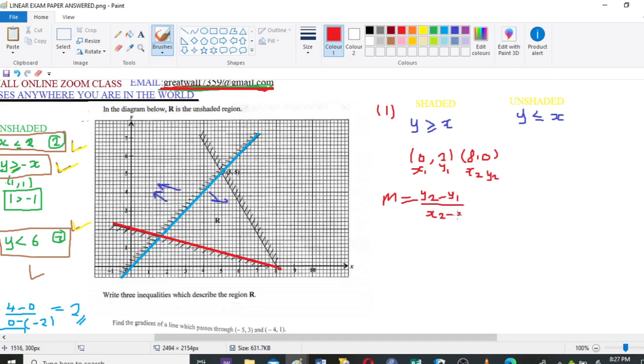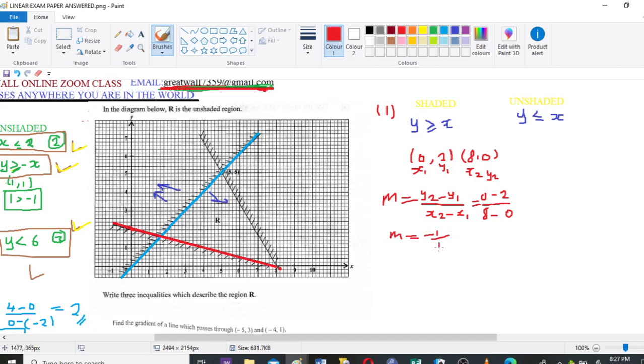So what are we getting when we replace? So we have 0 minus 2, right? Minus 2 over the other one is 8 minus 0, so giving us the value of m to be -1 over 4, right?